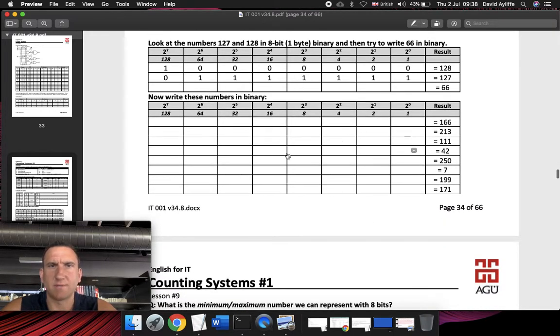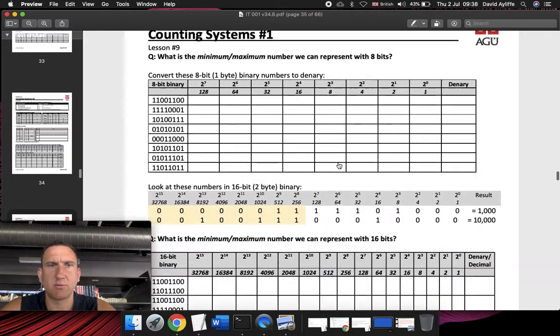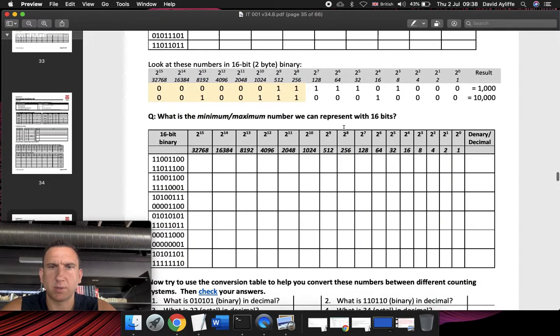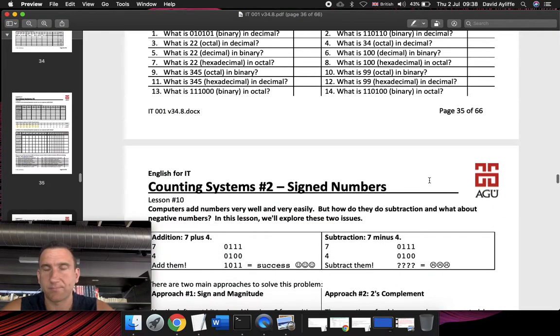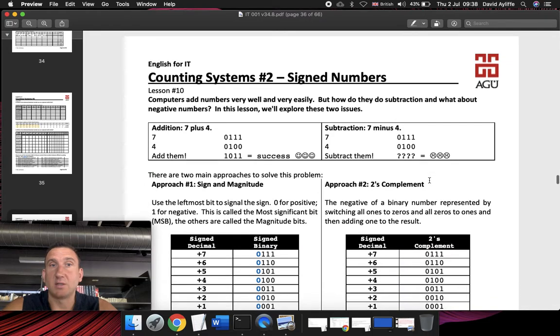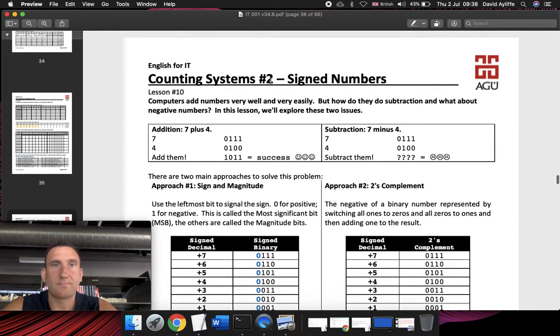We did some conversion from binary into denary and denary into binary, and then we attempted to do some conversions between different counting systems. So that was quite a challenging lesson, and this is no less challenging. We're looking at signed numbers today.